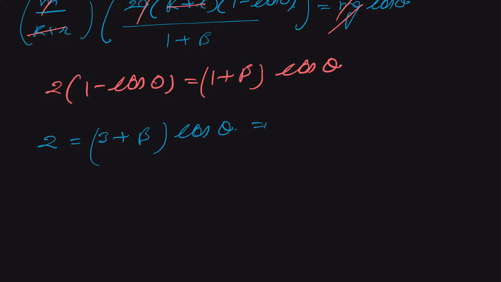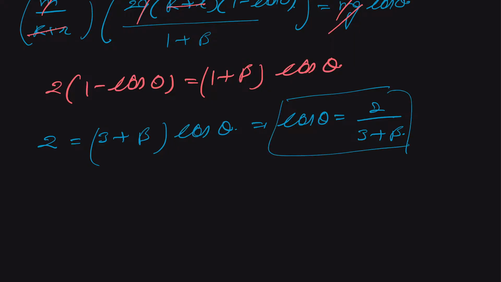Therefore, cos of theta is equal to 2 upon (3 + beta). So this is the angle at which the ball is supposed to lose its contact.